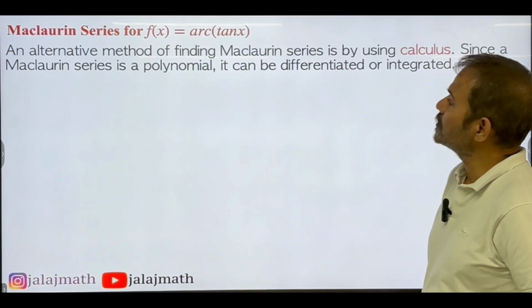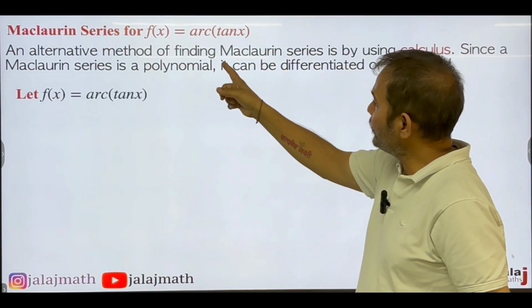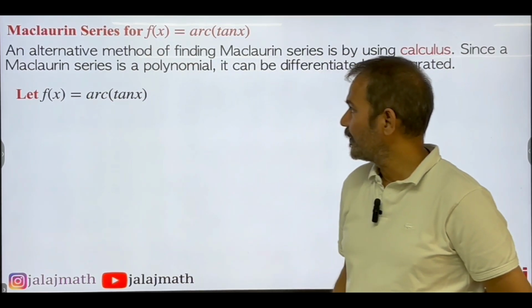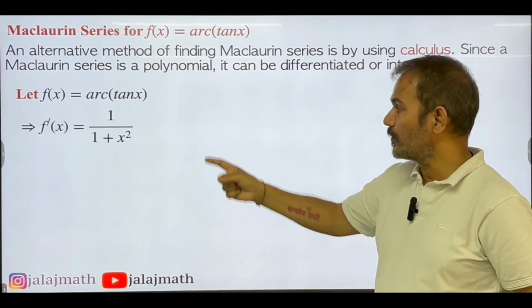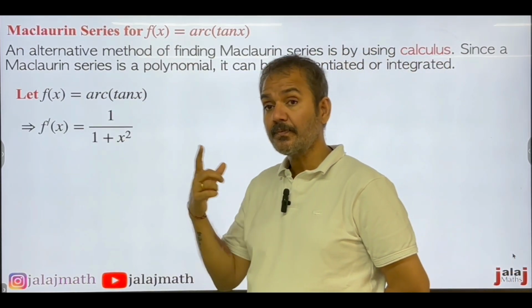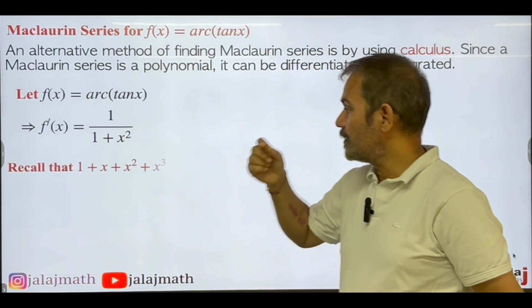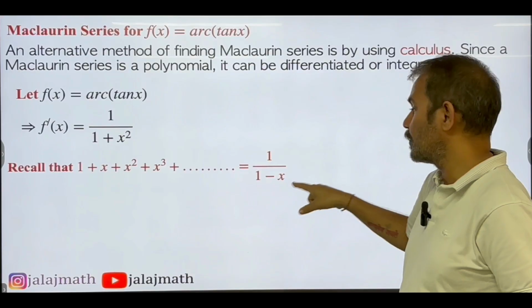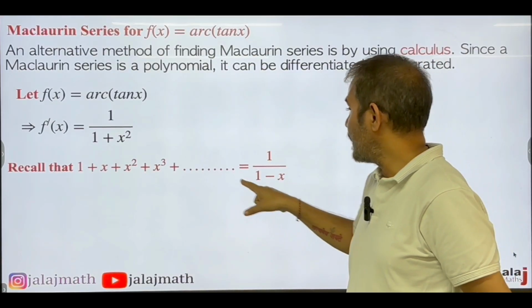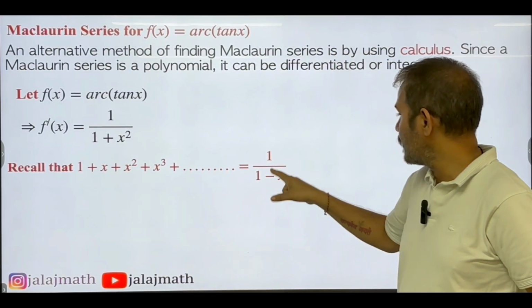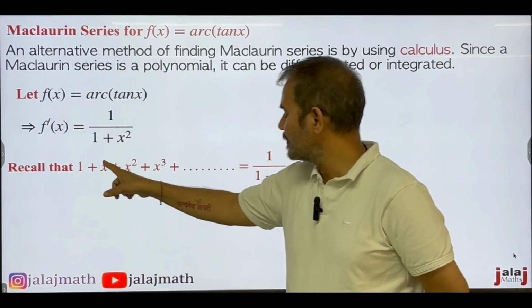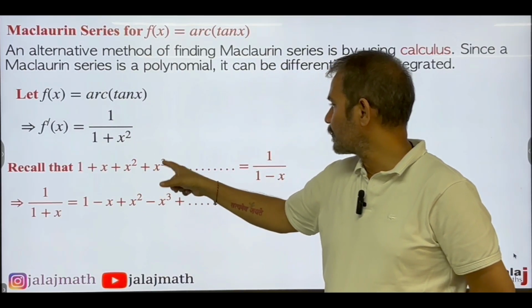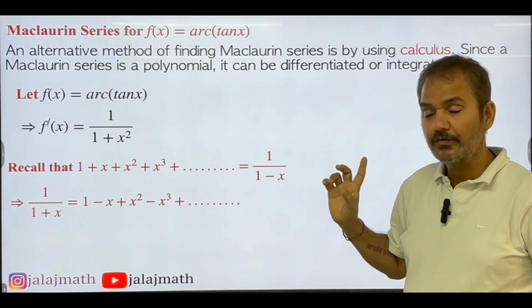So if this is your function, if you differentiate arc tan, then the first derivative is 1 over 1 plus x squared. And if you remember, we just did this series. This was 1 over 1 minus x. When x becomes negative x, you get 1 over 1 plus x is equal to 1 minus x plus x squared minus x cubed and so on and so forth.